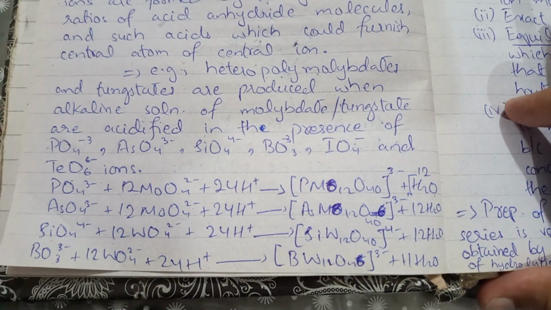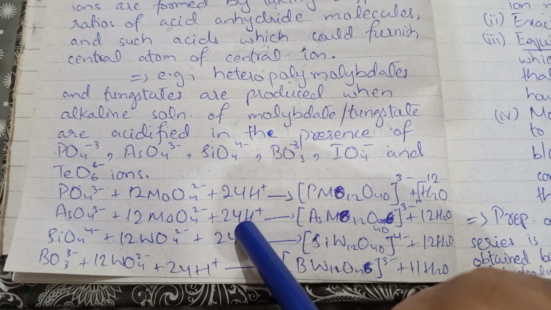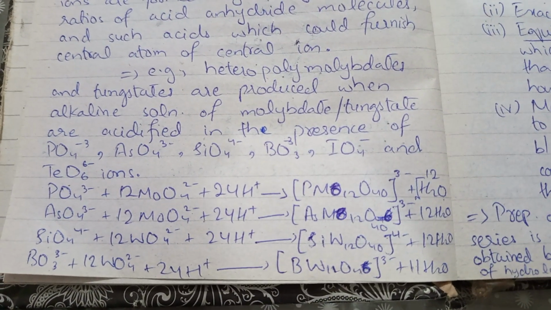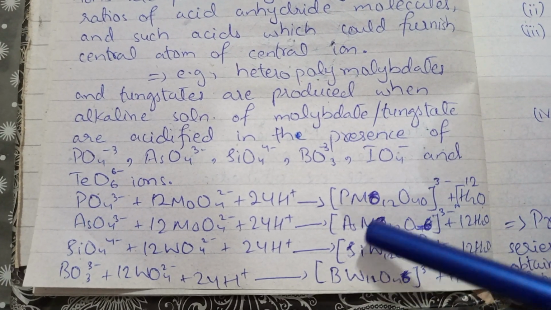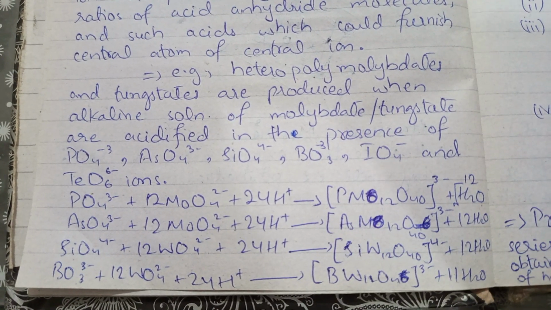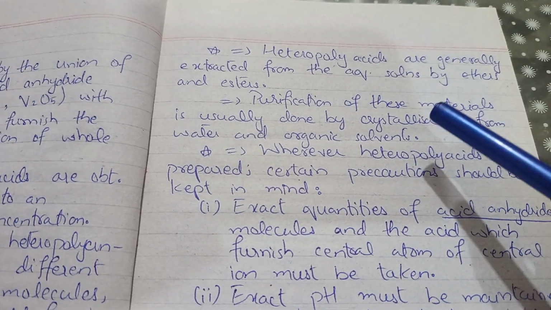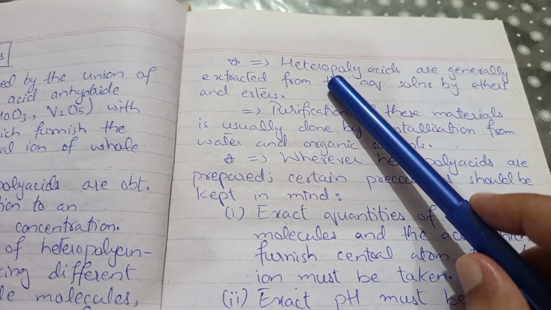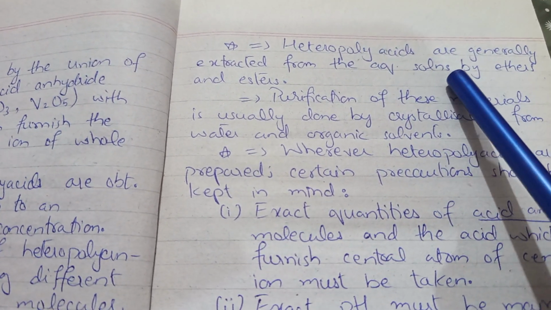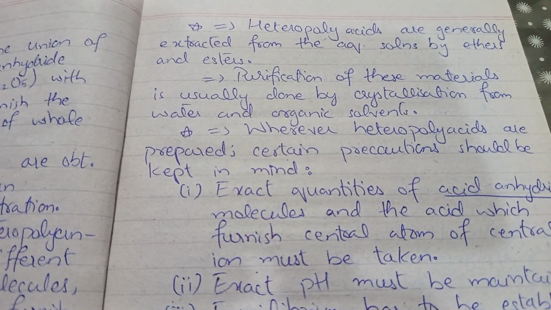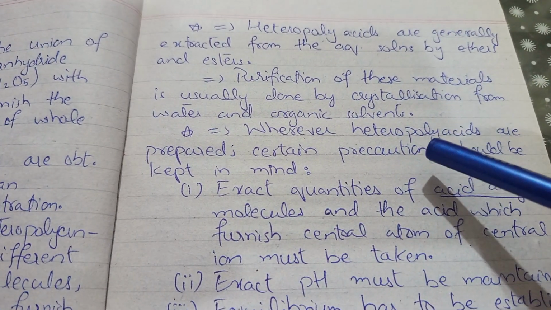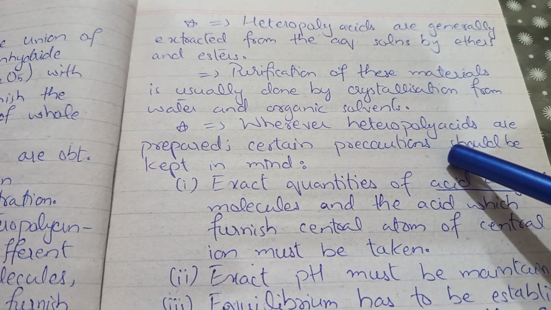So here we have some of the chemical reactions. Heteropoly acids are generally extracted from aqueous solutions by ethers and esters. Purification of these materials is usually done by crystallization from water and organic solvents.